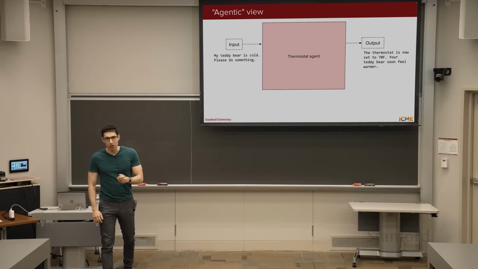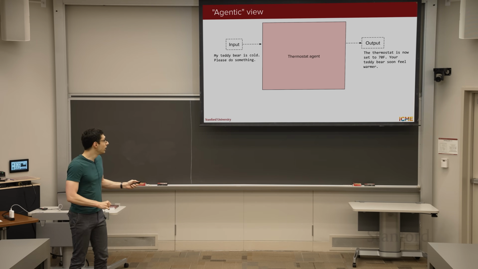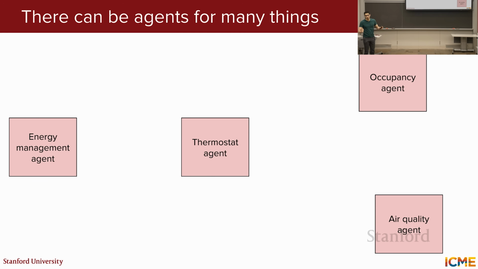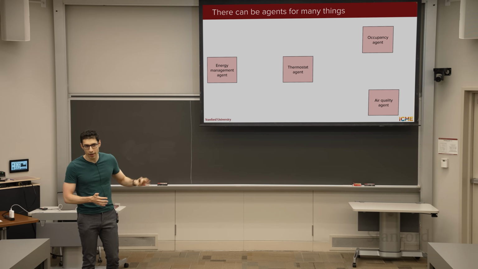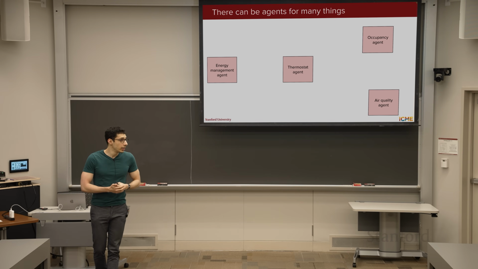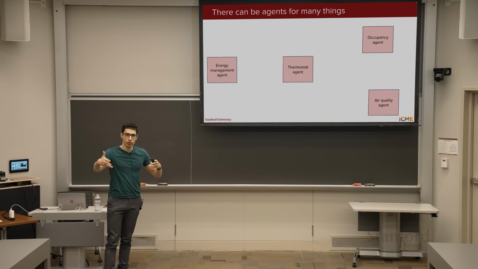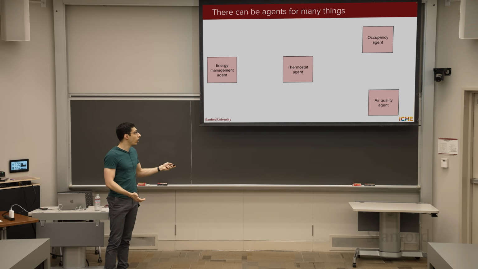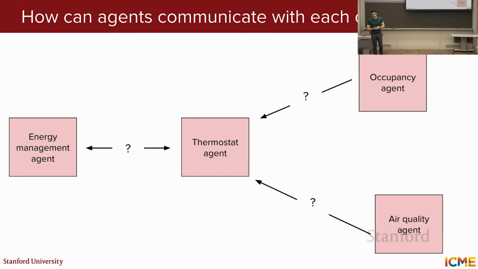Okay, great. So now taking this a bit further, you could think of way more than one agent. You could have an agent for setting the thermostat, but maybe in your home you also want to manage how energy is distributed, or air quality if you have some settings to tune. So you can have different agents. One interesting use case is to have the user say something to an agent and potentially have all of them communicate together.